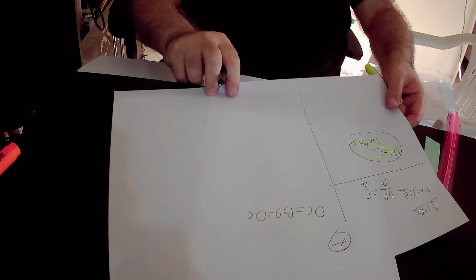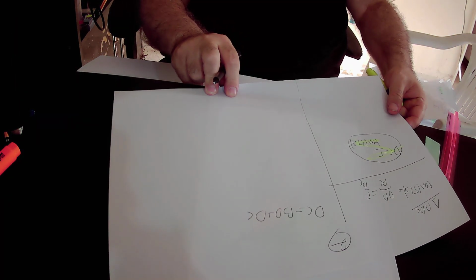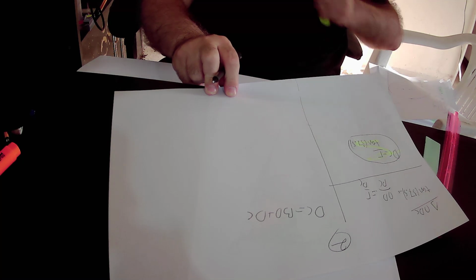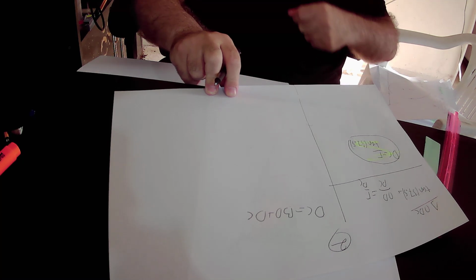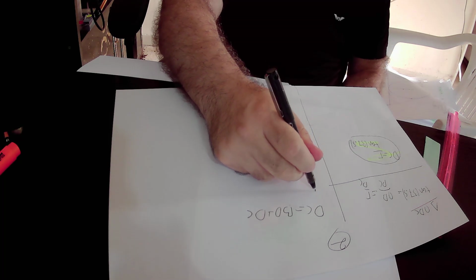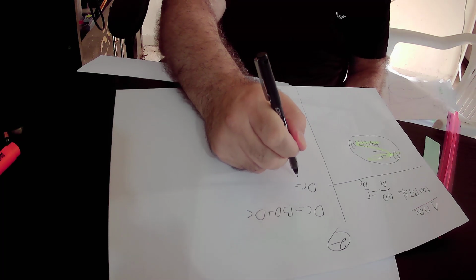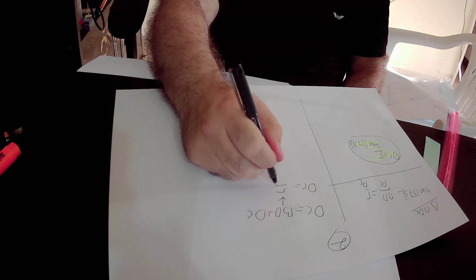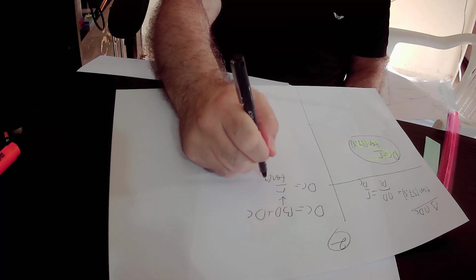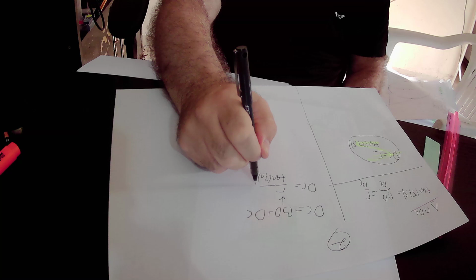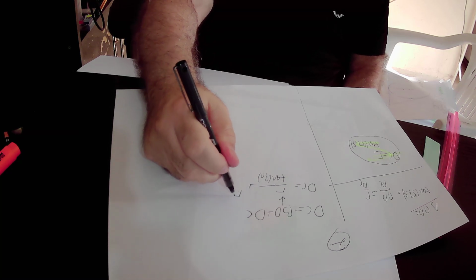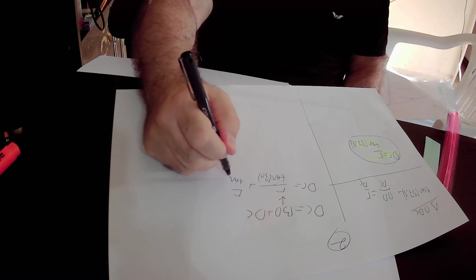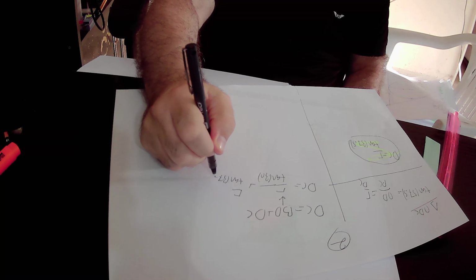We already found out that BD equals R over tangent 30 degrees, plus DC. DC equals R over tangent 37.5 degrees.